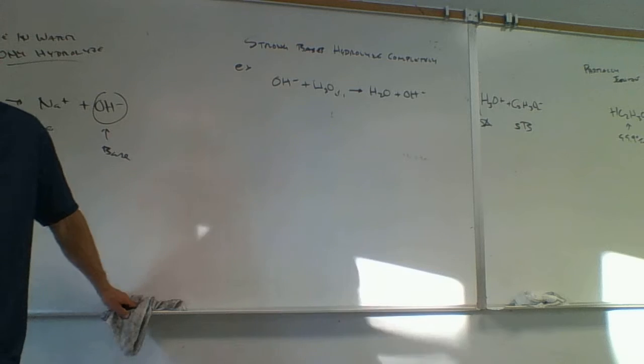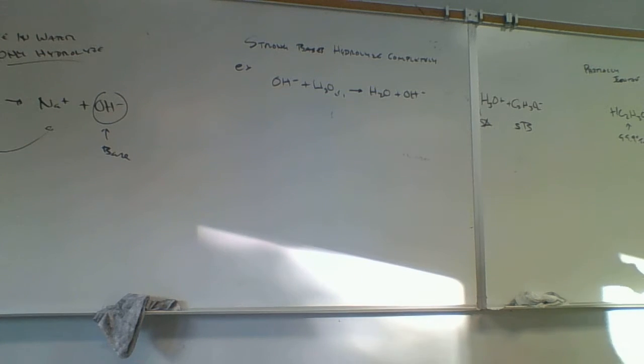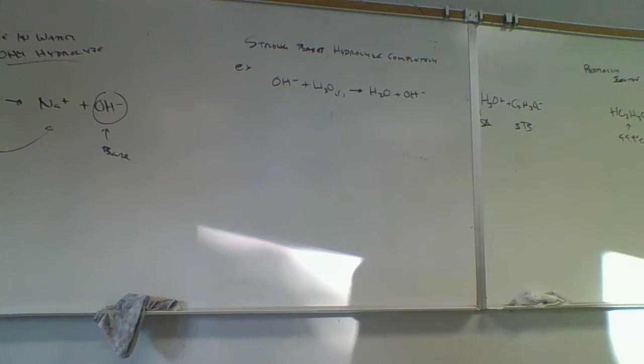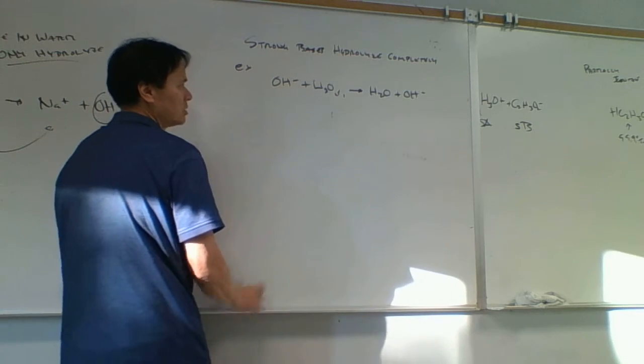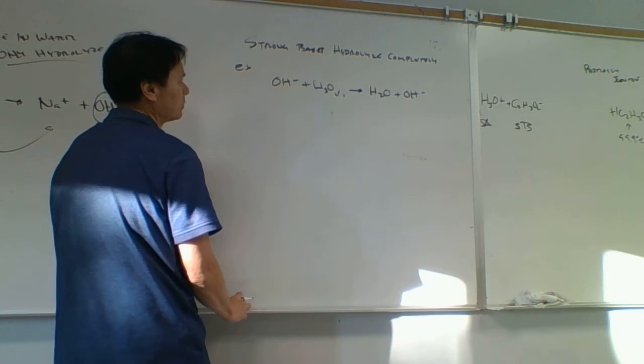What do you call that when there's no change, but there's change? When there's no change, you call it an equilibrium. When there's change, you call it dynamic. And so what do we call a no change scenario? Yeah, dynamic equilibrium. So this is a dynamic equilibrium. There's no change, but there is change. They're always colliding. You can't stop them from colliding.